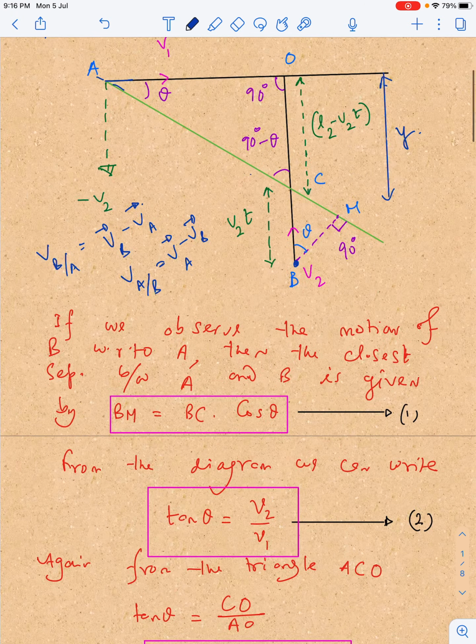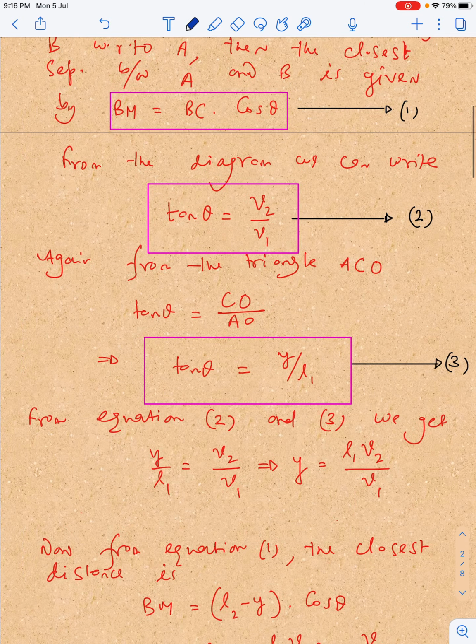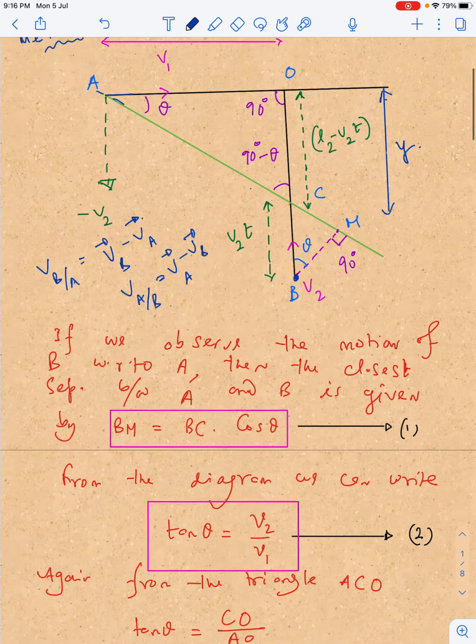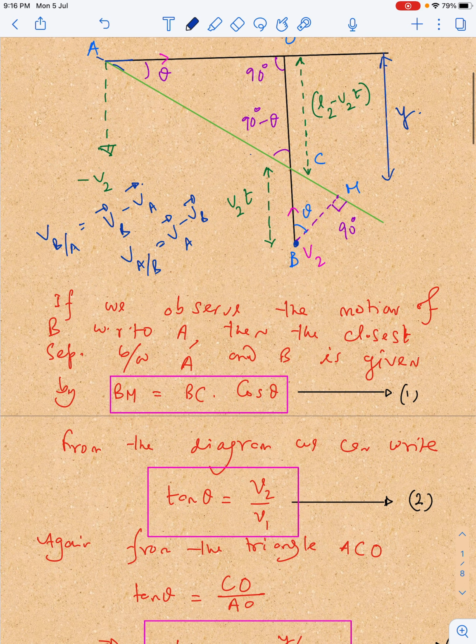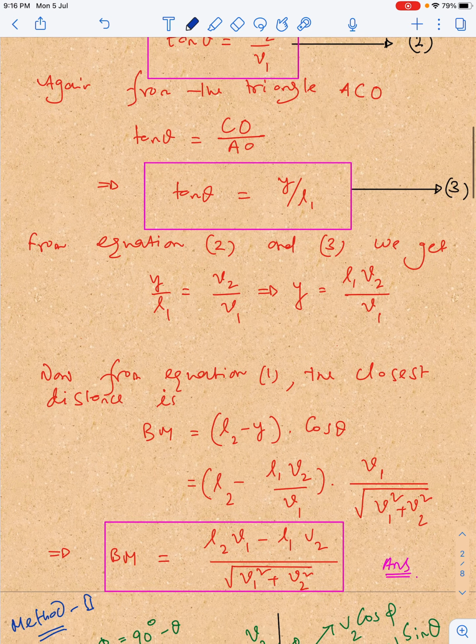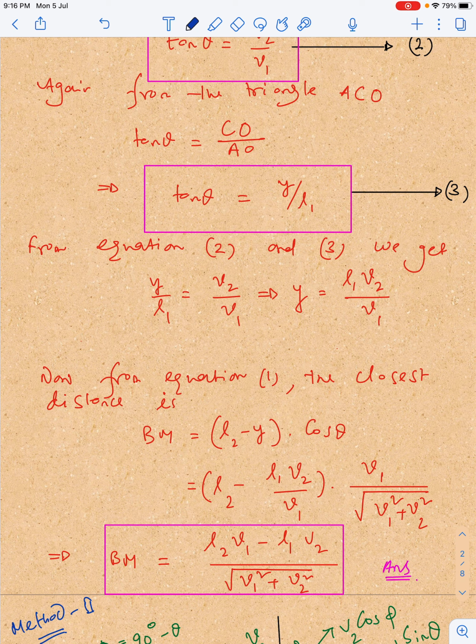Now I am going to calculate the value of BC. From the diagram, BC is simply L2 minus y, and the y value is already done. So I am directly writing that BM is equal to BC into cos theta.